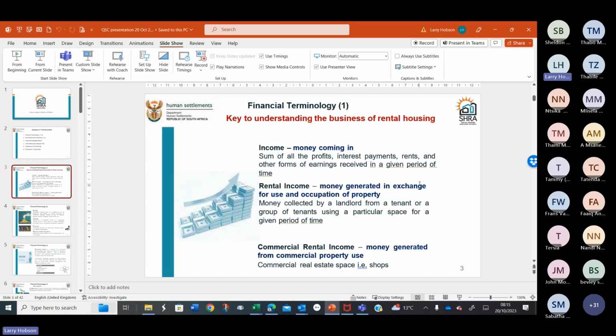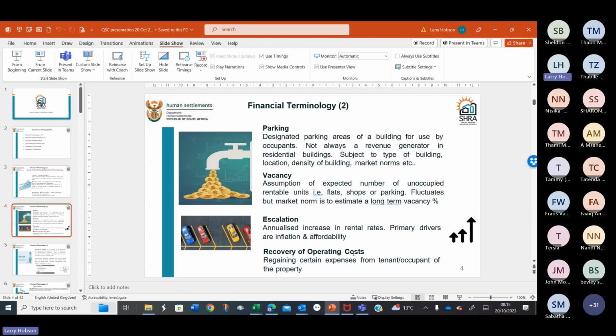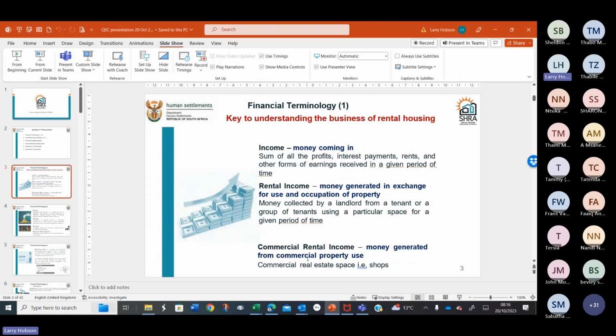Rental income is money generated in exchange for use and occupation of property, so collection of rents by a landlord from tenants, usually on a monthly basis. Commercial rental income is money generated from commercial property use, such as shops. Certainly the inner city kind of developments would most likely have one floor with shops on the ground floor.